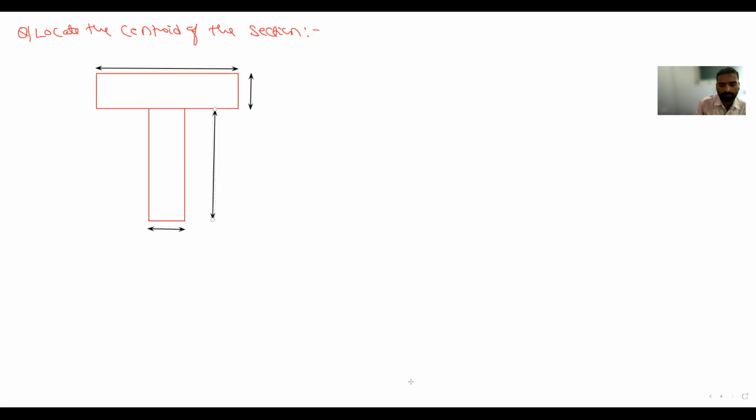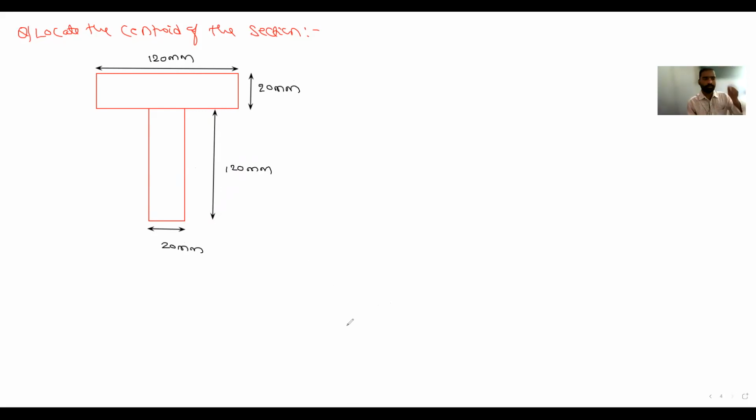Here it is 20 mm, this is 120 mm, this is 20 mm, this is 100 mm, 120 mm. So this is the given figure.